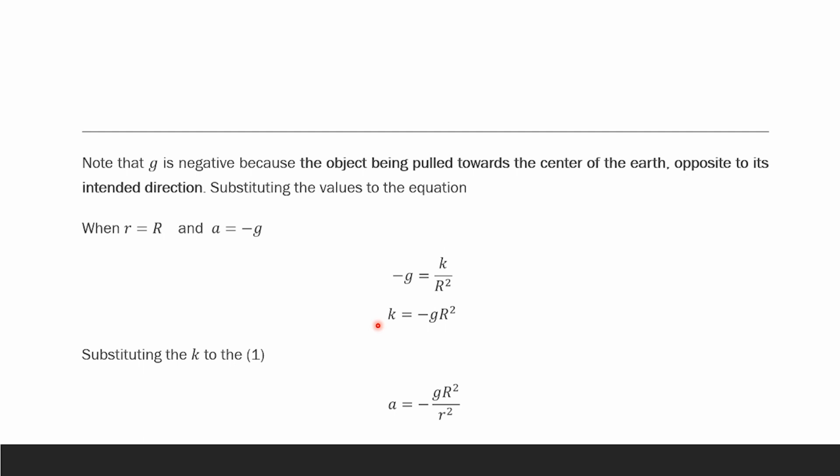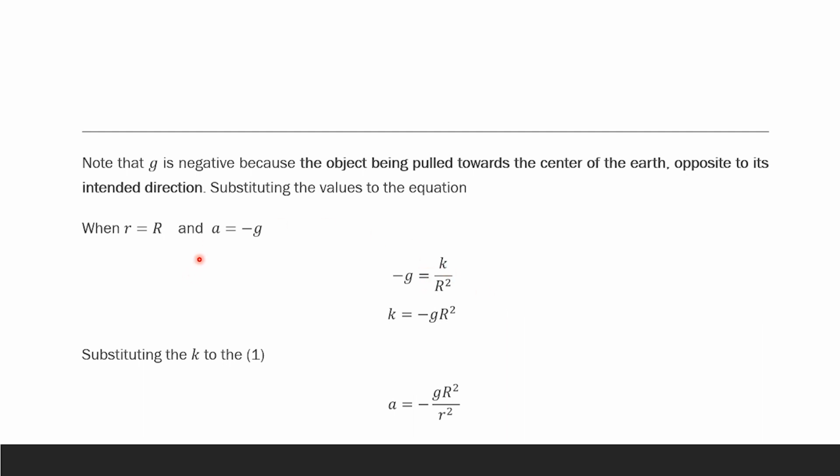But take note, class, if it did not start at the surface of the Earth, then this is not your constant. The value of your k will be different. But for most discussions, the assumption is always that it started at the Earth, because you don't find the escape velocity when you are already in a higher area.